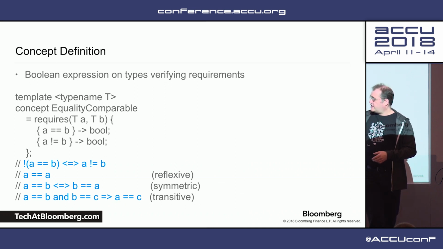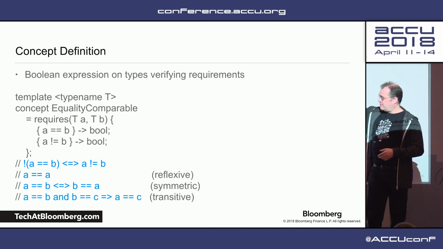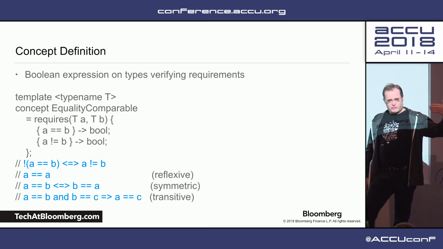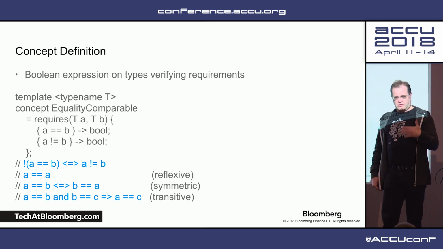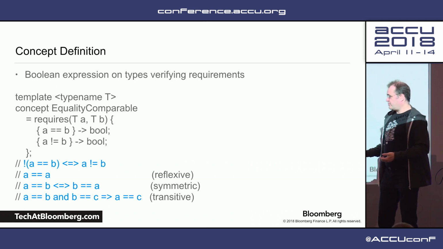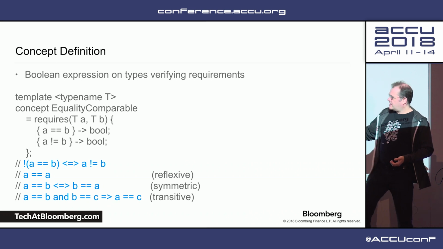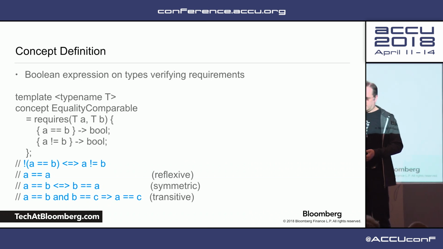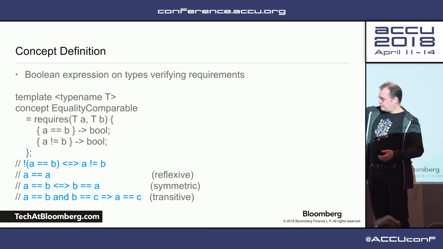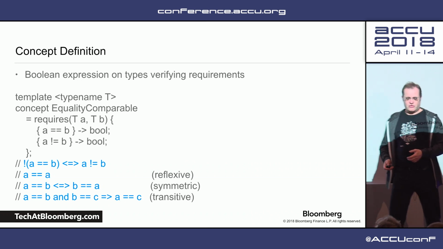The way to define it is you say template, typename T, and then concept. What that effectively is, is a Boolean predicate you can use at compile time. And the Boolean predicate, all that really is, is a list of Boolean conditions. In this case, it's just one condition, the requires clause.